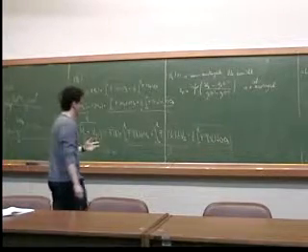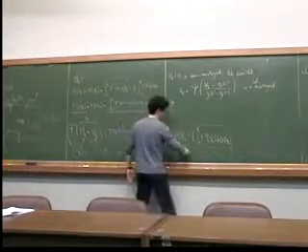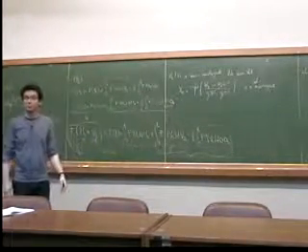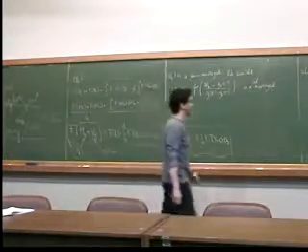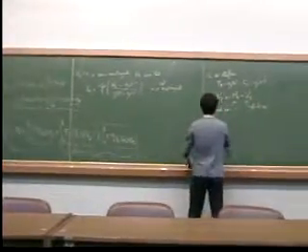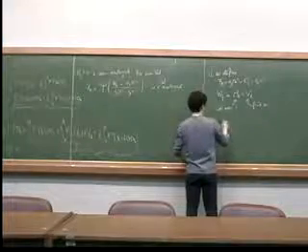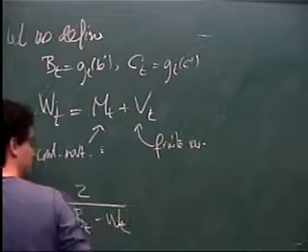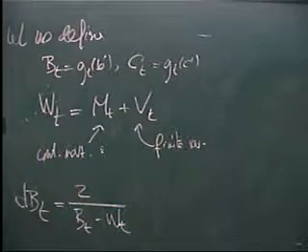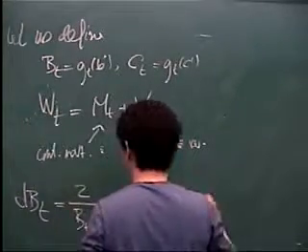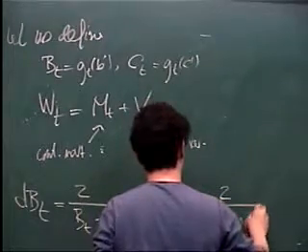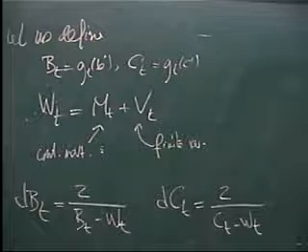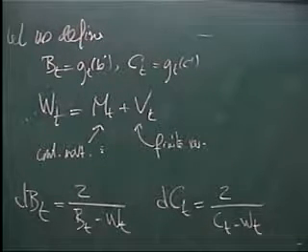That means that in this expansion, the part with bounded variation has to be 0. So we do this. What we know is that dbt is 2 over bt minus wt. That's the definition of the Loewner equation. dct is 2 over ct minus wt.